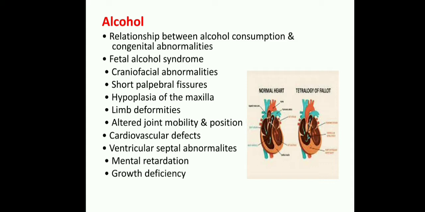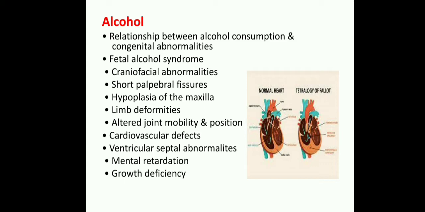Next are craniofacial abnormalities. Here the cranium and facial abnormalities may be present, and short palpebral fissures. Next is hypoplasia of the maxillary bones; the facial defects are mostly associated with improper fusion of the facial bones.